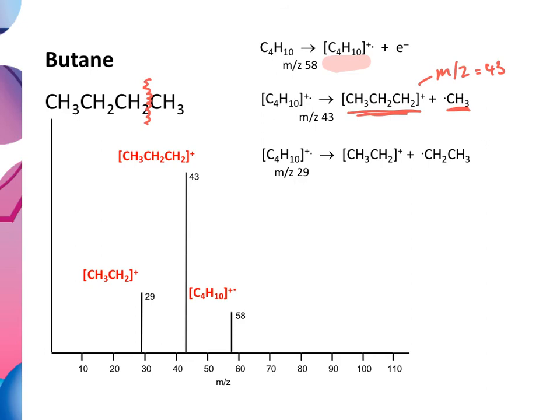One of them is positively charged, one of them is a free radical. We are breaking right in the middle, where I'm doing my squiggly line. We get an ethyl group that's positively charged, which we would detect, and that would be an m/z value of 29. Then we would get a free radical, which wouldn't give us a peak at all. So that m/z 29 represents that ethyl group.